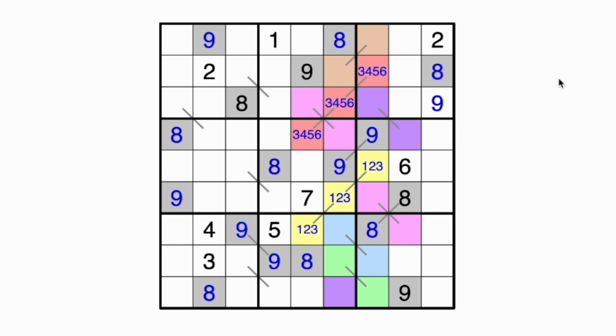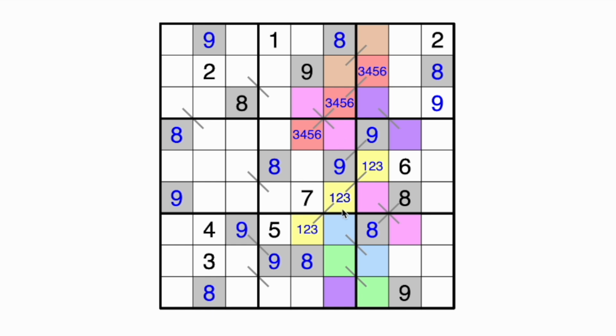Can we work down to... I mean, 7 is tempting, but there's only the one 7. What do we know about 7? We don't know anything about 7. Okay, what do we know? 1 has to be in one of these 3 spots.